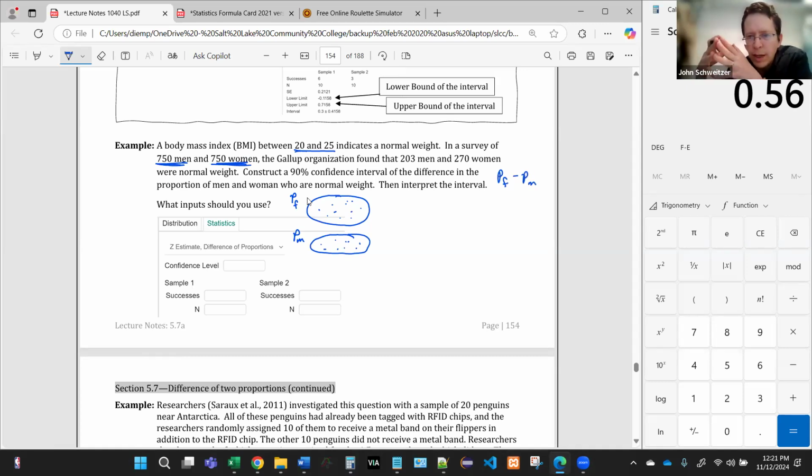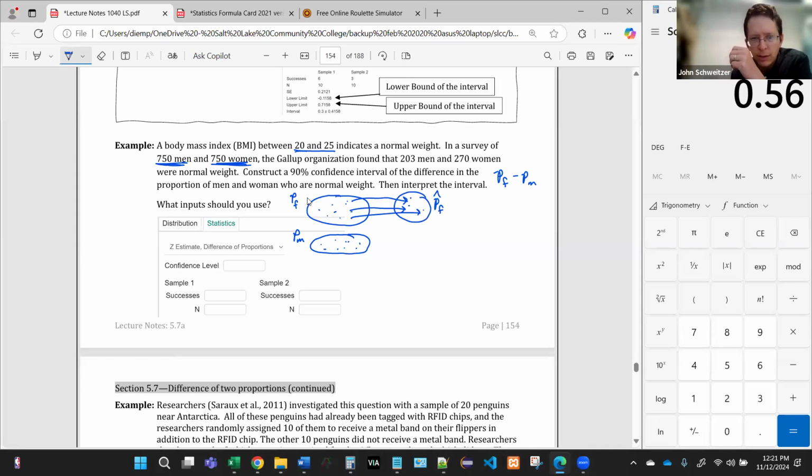But nobody knows what PF or PM are, right? Because nobody has a data set that has everybody's BMI in it. So the best we can do is sample. We take a sample of females, a nice representative sample, and then we calculate the proportion of those that are of normal weight, and we call that the sample proportion.